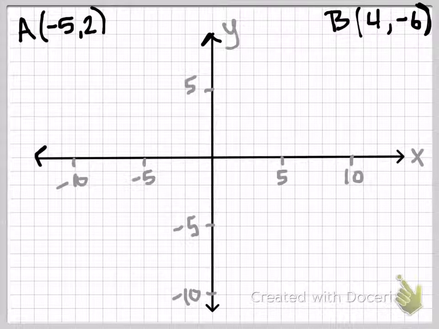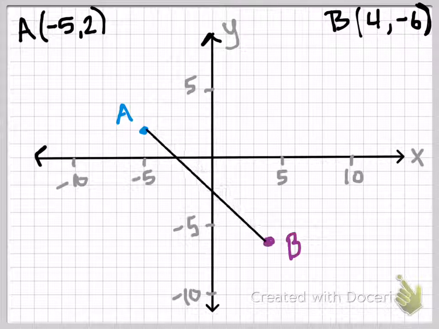Point A is at -5, 2, so I start at the origin. I go over to -5 and up 2. That is point A. And then I plot point B, which is going to be over 4 and down to -6. Connect those points. And that's what we want to know the slope of.